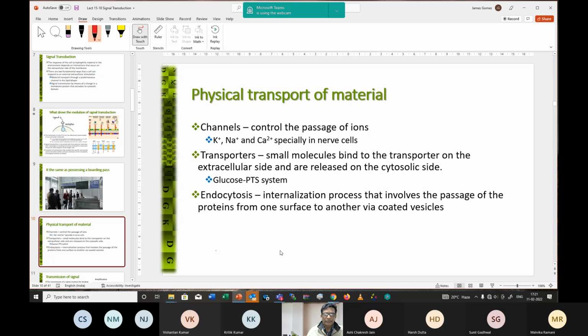Okay. Now there are these other things where physical transport of materials takes place. I just talked about the channels that control the passage of sodium, potassium, and calcium in nerve cells.